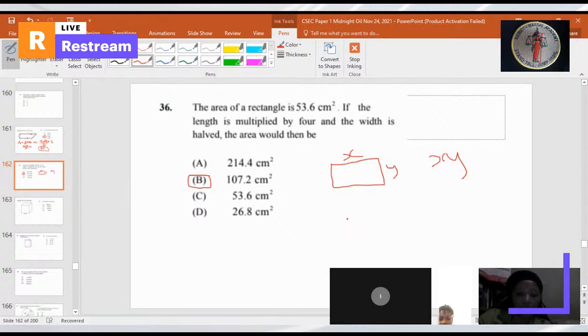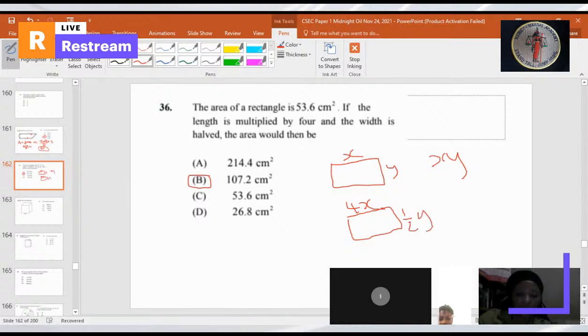If we multiply the length by 4, it will be 4x, and we divide the width by 2, so that will be half y.